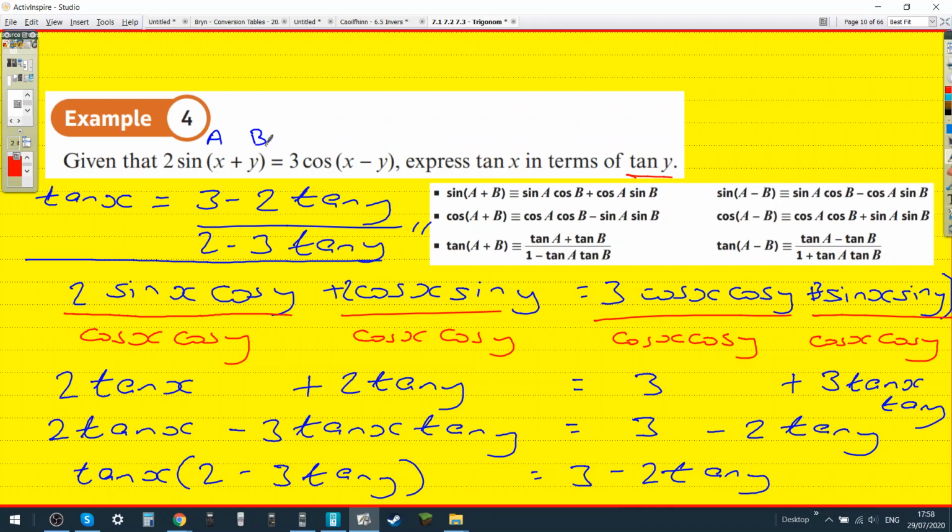We can change those into just sine x, sine y, cos x, cos y using our formulae, then divide everything by cos x cos y to turn everything into tan. And then make tan x the subject by factorizing. If you have more than one term and you need just one, factorize. Any questions there?